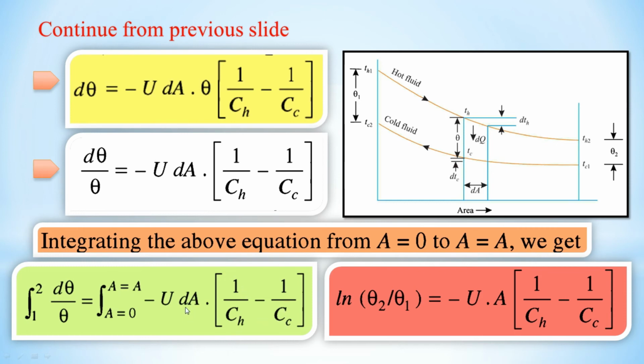Here the only variable is dA, and we know that the integration of dA is A, and whenever we put the upper limit and lower limit, it is equal to A. Okay, so this is the simplified form of this equation.